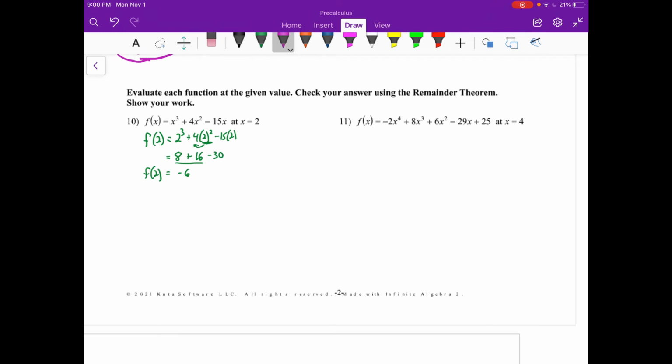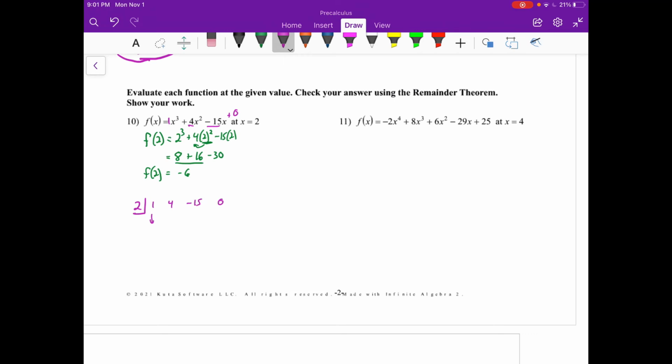Then we want to check our answer using the remainder theorem, which states if we divide, and we're going to do synthetic division, the remainder will be the same as f of 2. So synthetic division, we'll put our 2 out here. We will list the coefficients: 1, 4, negative 15, and since there's not a constant there, we have to put a 0.